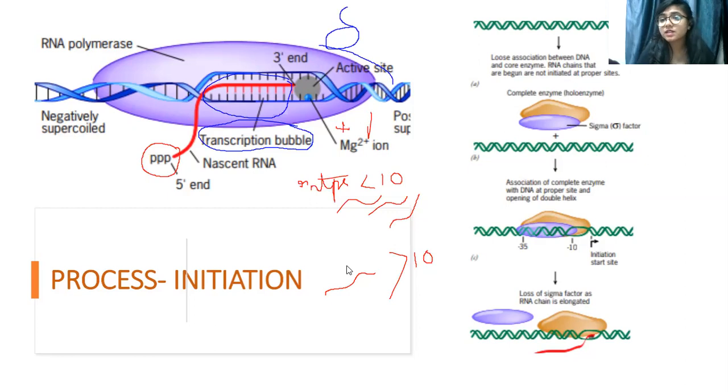And then it is said that this RNA molecule has accomplished a ternary stable complex, where the RNA polymerase, the DNA, and the growing RNA chain are in stable conformation. It can proceed towards the elongation process.